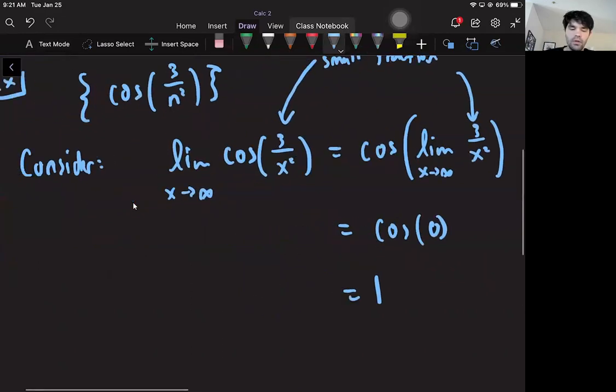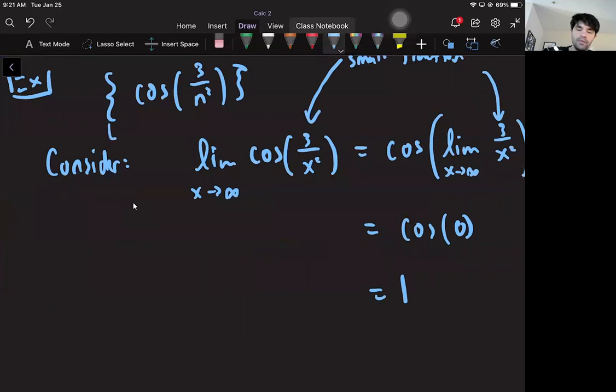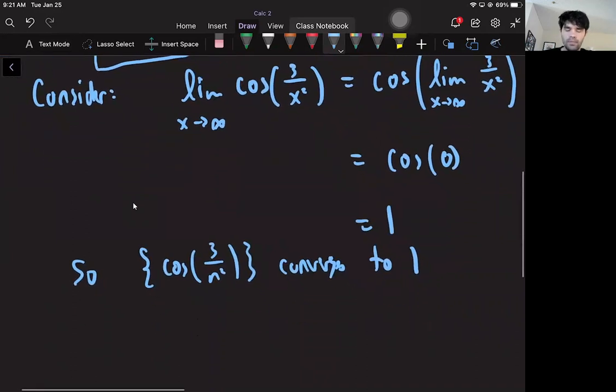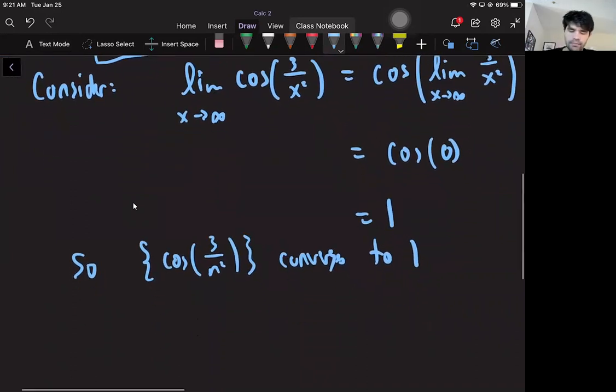So then the idea is that now the limit of the sequence is the same as the limit of the function. So we can say that this guy converges to 1. Again, we're really just using Calc 1 stuff here when it comes down to it.